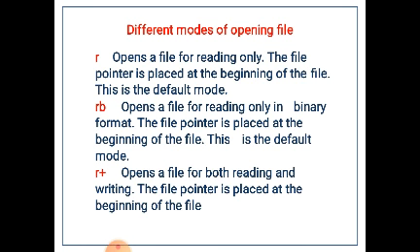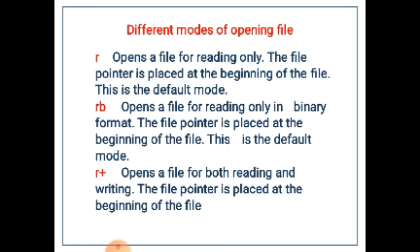Now here we are going to study about different modes of opening a file. There are certain modes of opening a file, and we are going to discuss briefly about the different modes of opening a file.